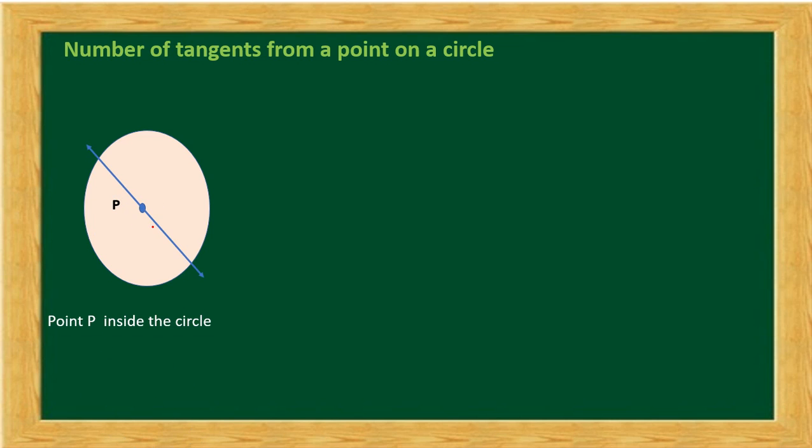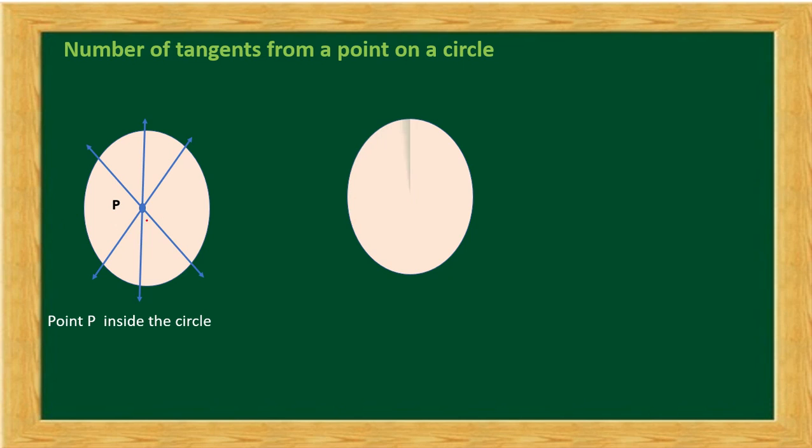We can draw infinite lines, but here this point P is inside the circle, so we are not getting any tangent. Now see the second figure where the circle is given and point P is on the circle.